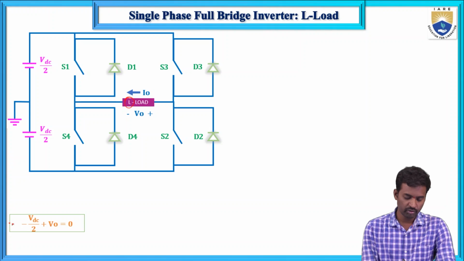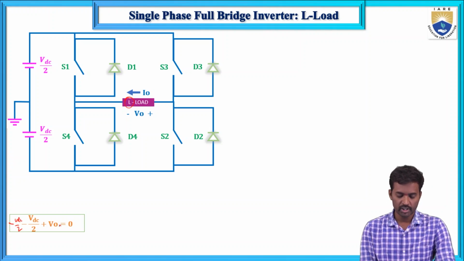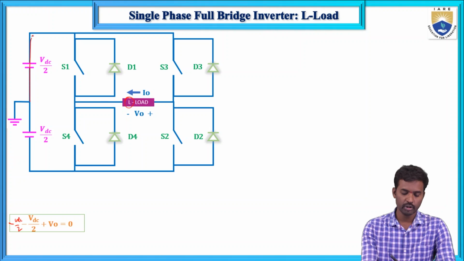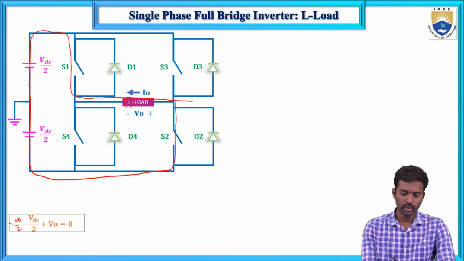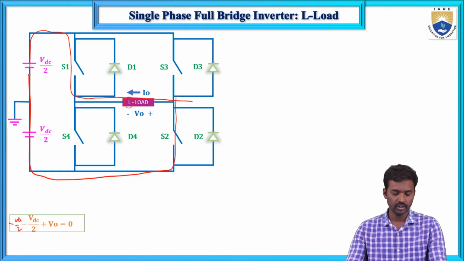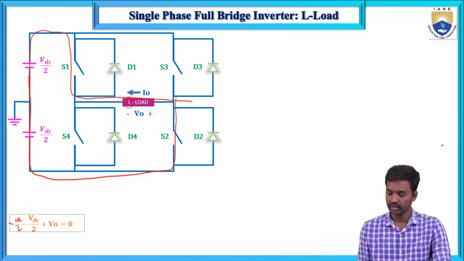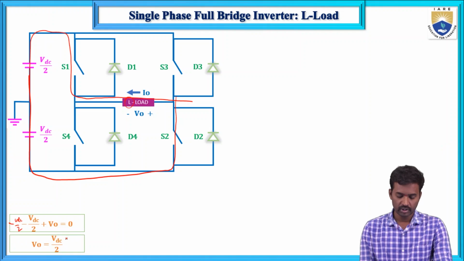So this is minus VDC by 2, minus VDC by 2 plus V naught. So this is VDC by 2, S1 and through L load, and next S2 and next VDC by 2. Here these 2 thyristors will conduct, and next here 0, this output voltage equals VDC only.